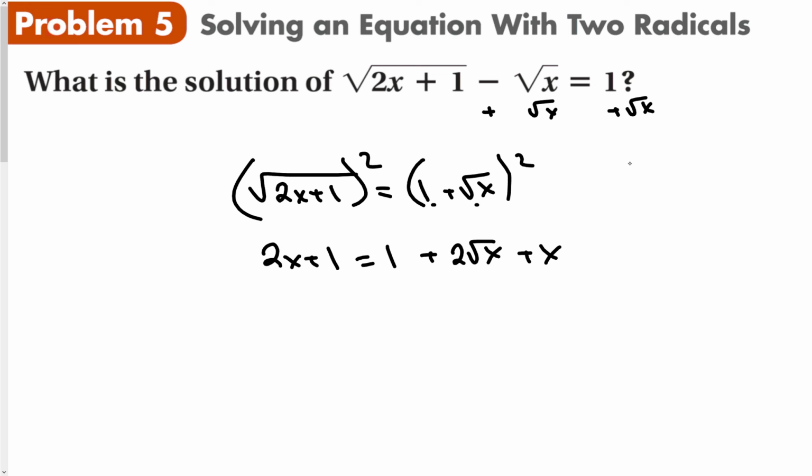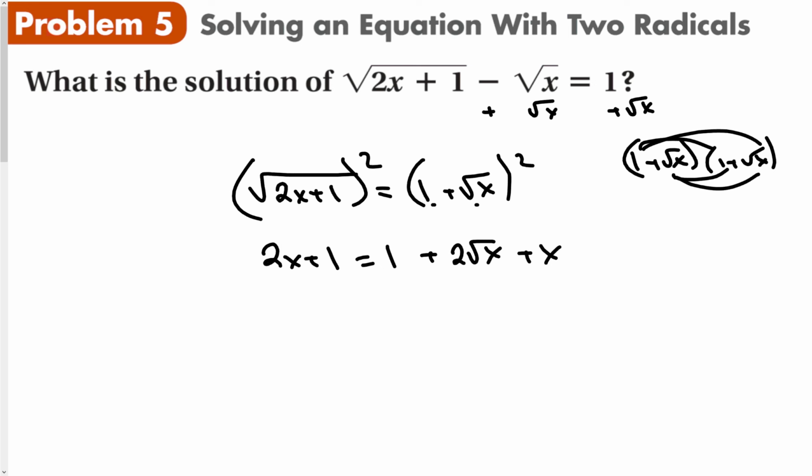So 1 plus the square root of x times 1 plus the square root of x. First, 1. Outside, 1 radical x. Inside, 1 radical x, which is 2 radical x. And then last, the square root of x times the square root of x is just x.